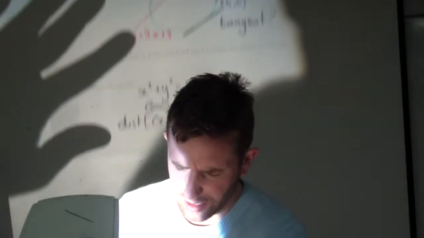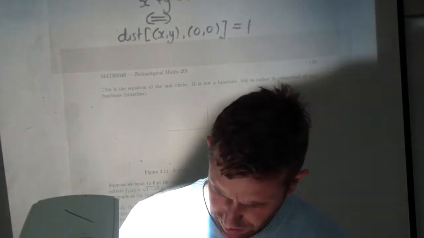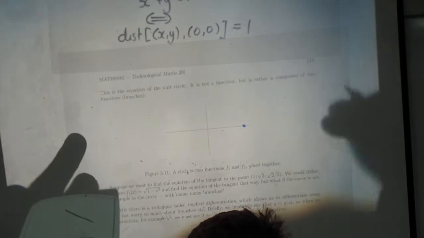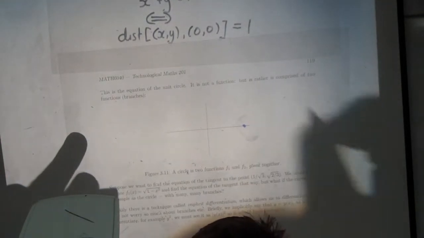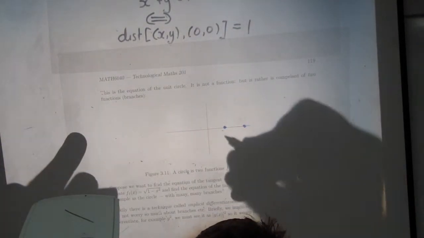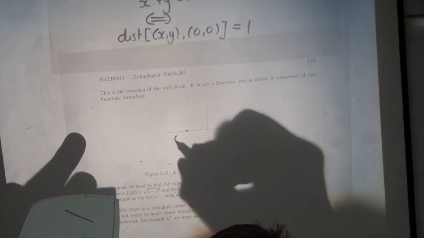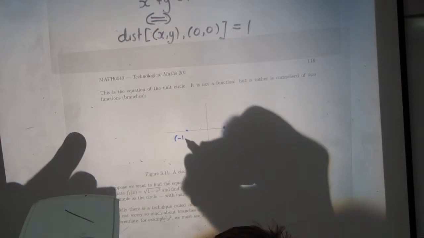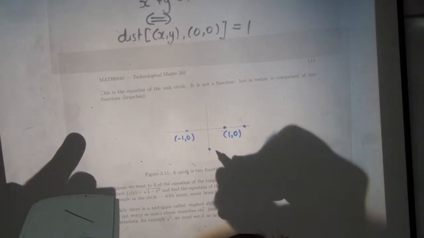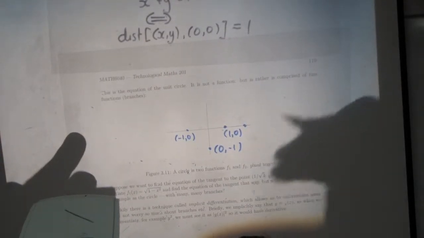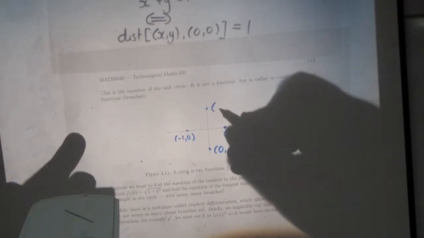Okay, I'm going to start drawing some of these points. Here's one. Here's one: (1, 0). Minus 1, 0. Here's (0, 1).